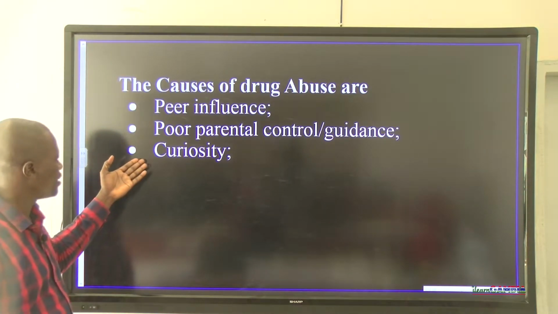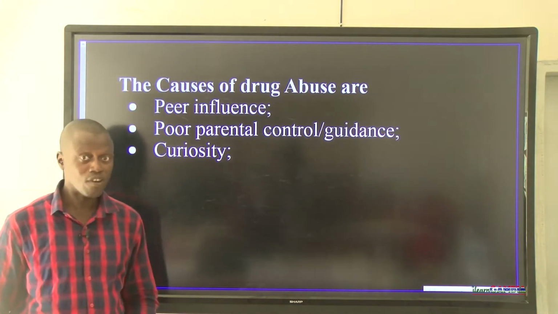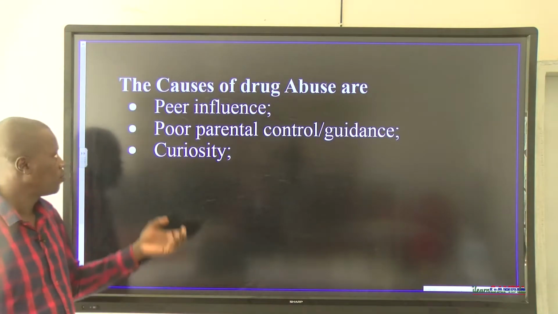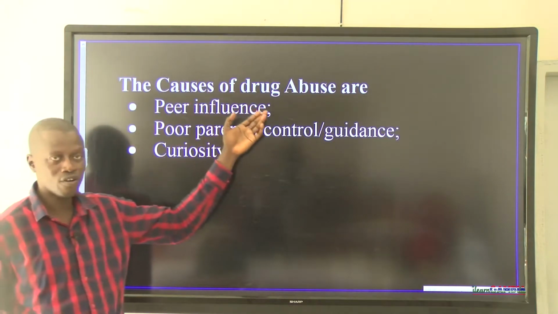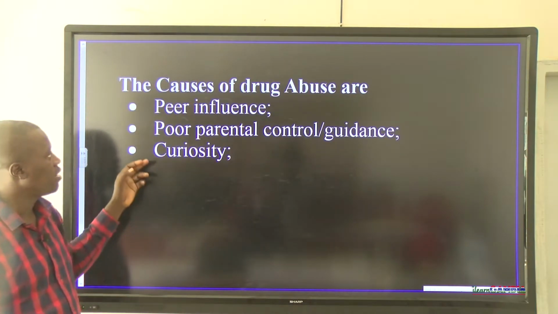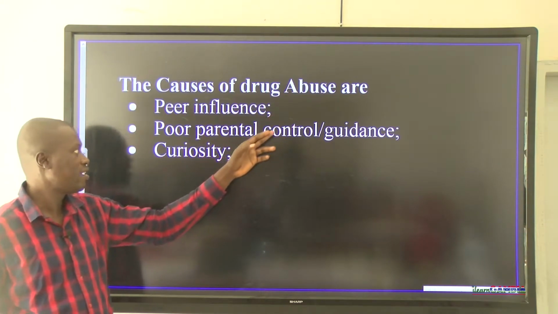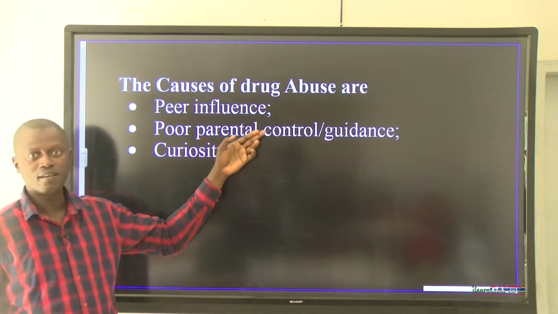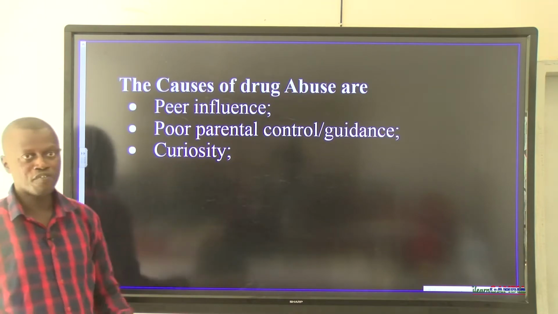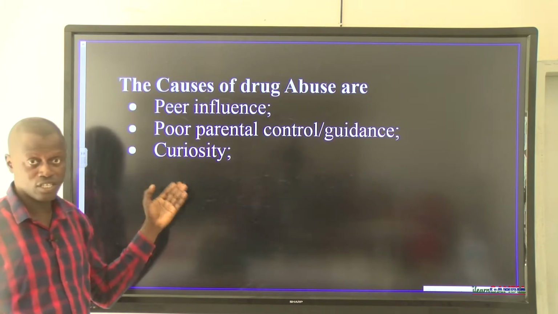The other one is curiosity. It's among the causes. Some users of drugs, especially in the abusive way, usually do it as a result of curiosity. What is this curiosity about?